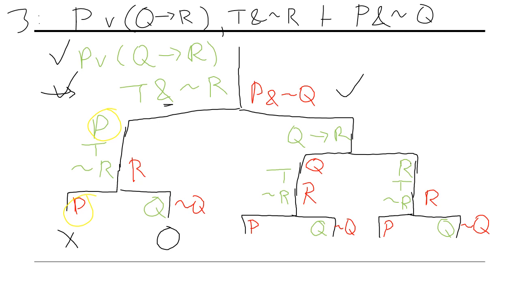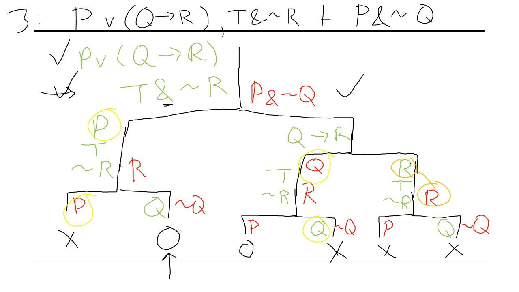Here we have, looks like nothing that cancels out. So that one's going to be open. This one does have a Q and a Q, so those should close. Then I can see that I've got an R and an R here, so both of these down below are going to close.